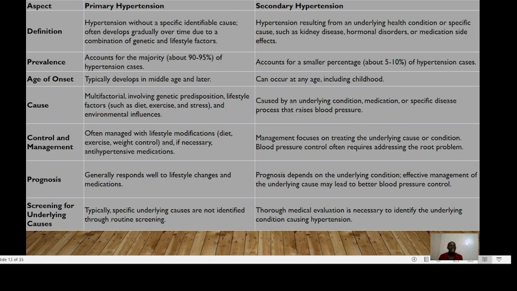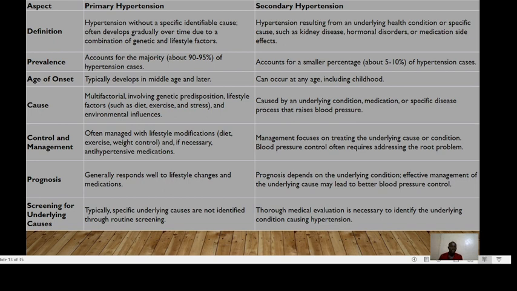For primary hypertension, this hypertension without specific identifiable causes often develops gradually over time due to a combination of genetic and lifestyle factors. While secondary hypertension results from an underlying health condition or specific cause such as kidney disease, hormonal disorders, or medication side effects.